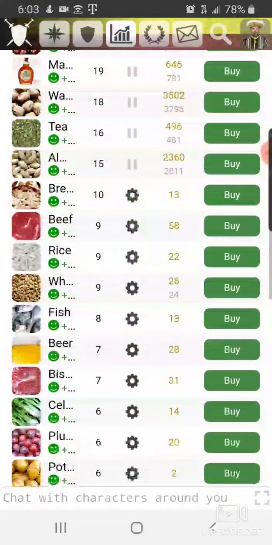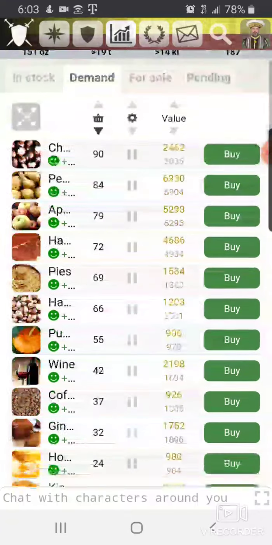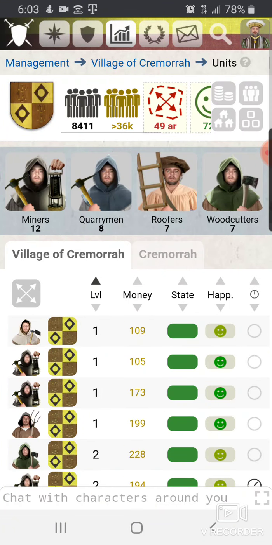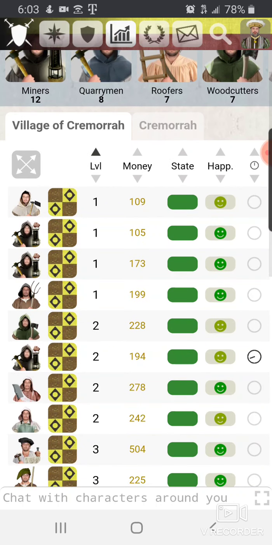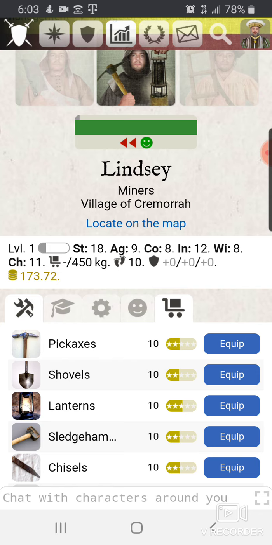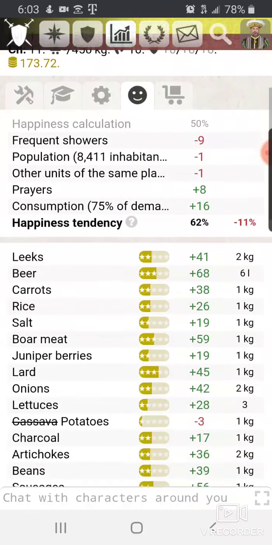Where was I getting at? Oh, right, the happiness. So when I click a unit, let's head to our level 1 miner, I guess. We can head into here. That's not where I want to head. Here we are.